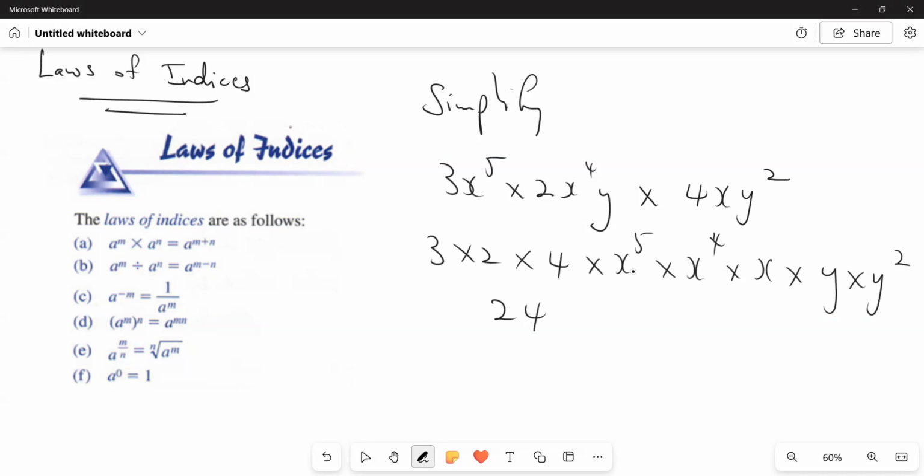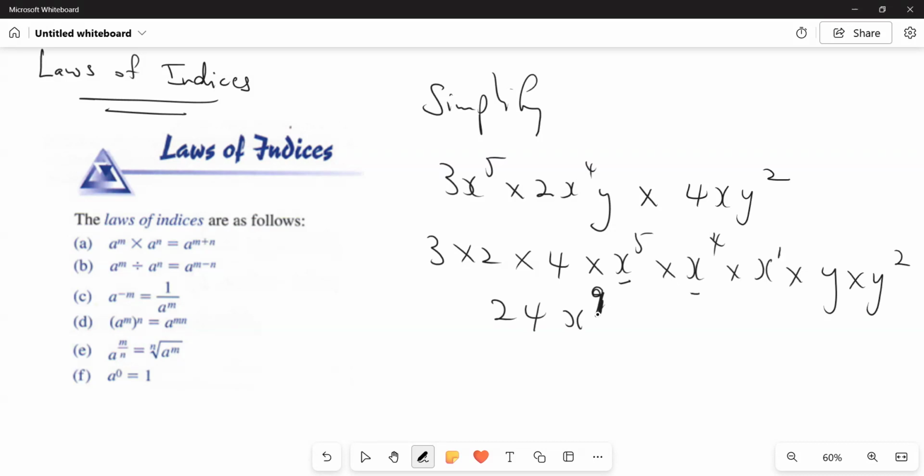Now, the laws of indices: the base is the same, so we add the indices. Indices is the plural for the word index, which is another word for power. So when the base is the same, we can add the powers. So x to the 9. Oh, sorry, there's another x here, so there's a power 1 there.